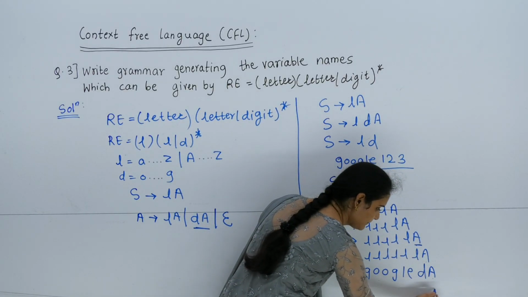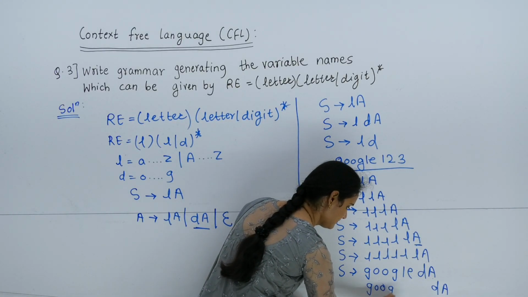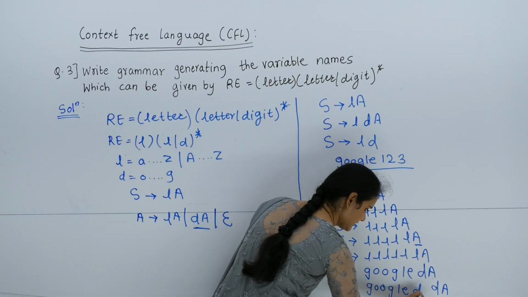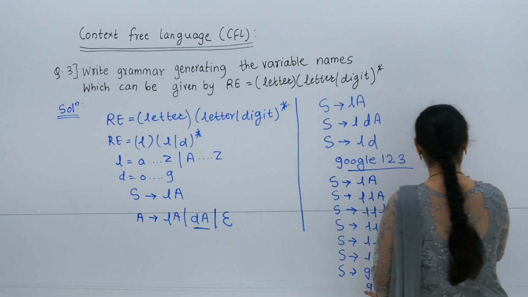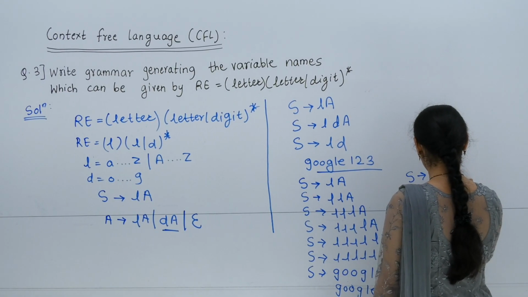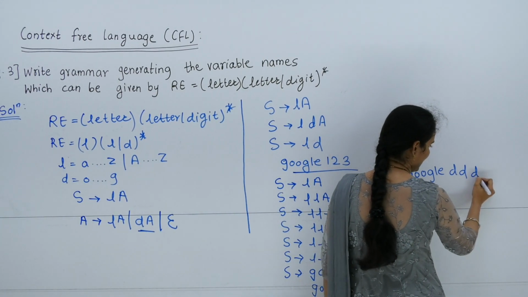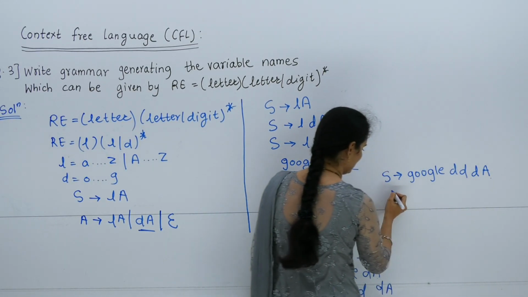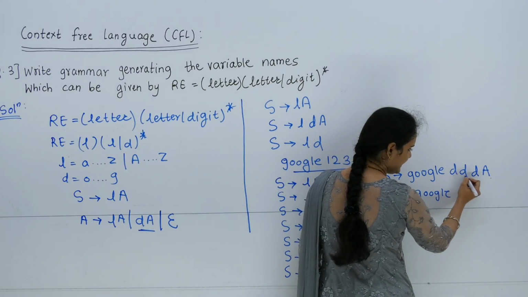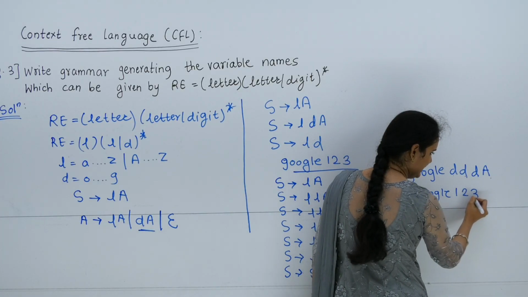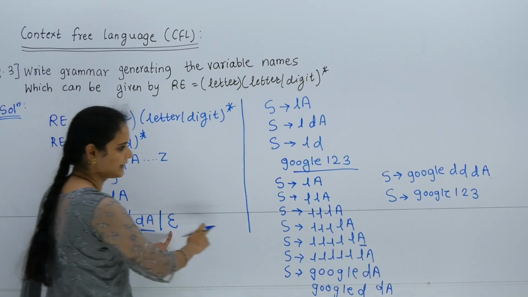Again that A can be replaced by DA, so here it is DDA, and lastly A will be replaced by DA and DDD means 1, 2, 3, and that A will be replaced by null, which we have written over here.